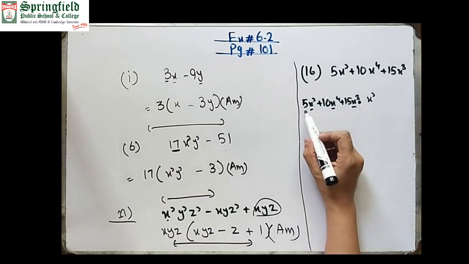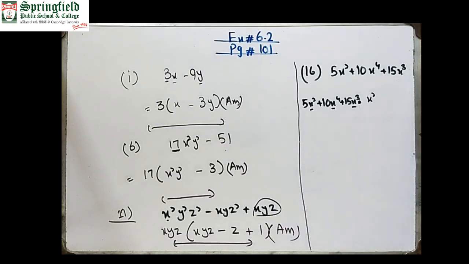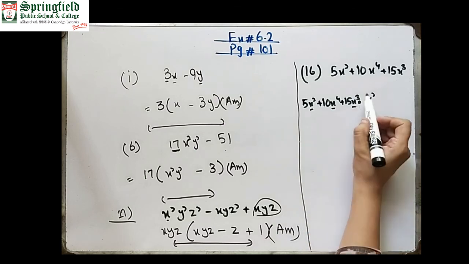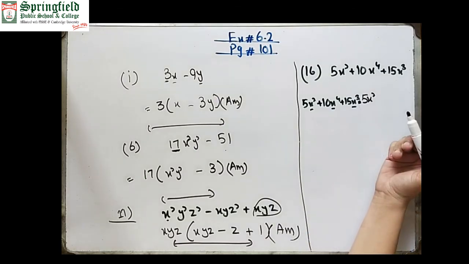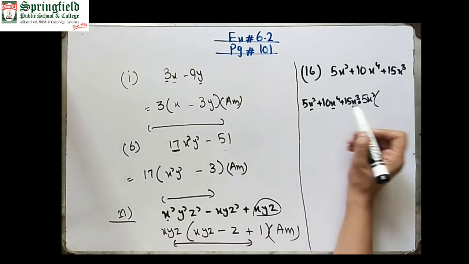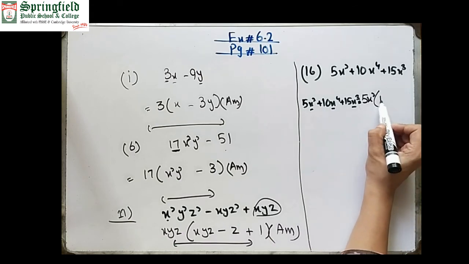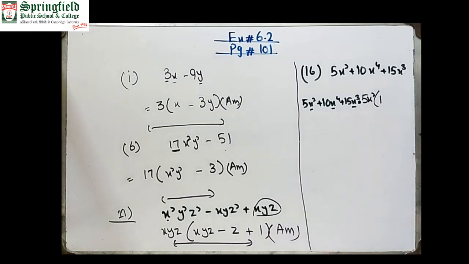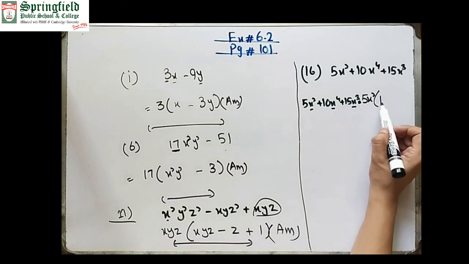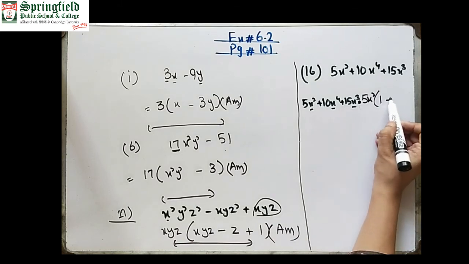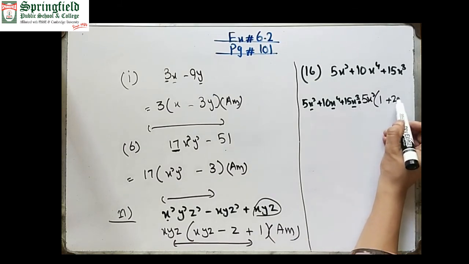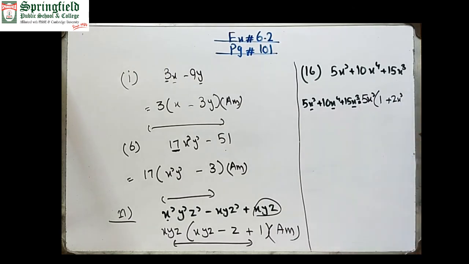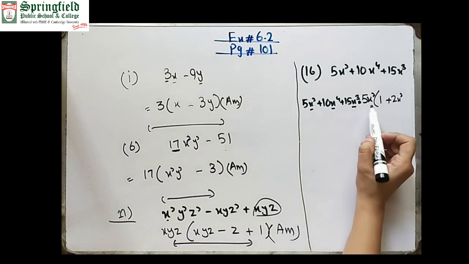And now come to the coefficients or constants. 5, 10, 15. All the numbers come in the table of 5. So we will take 5 common. So 5x square is common, just 1 is left inside the bracket. We will write just 1. Then plus 5 2s are 10 and x square. x⁴ means x square can be taken common.